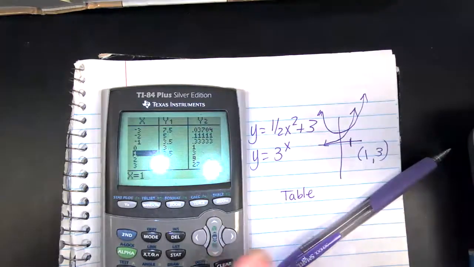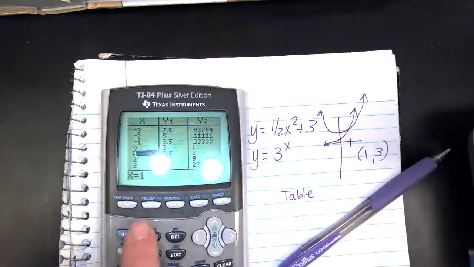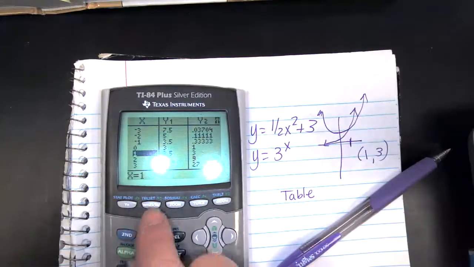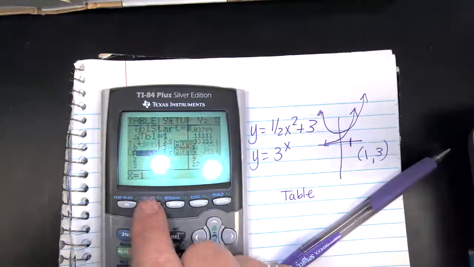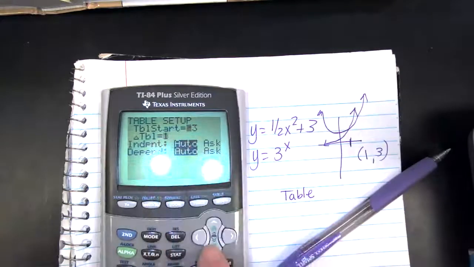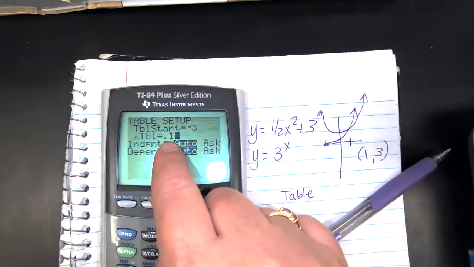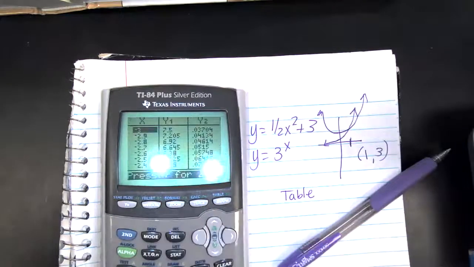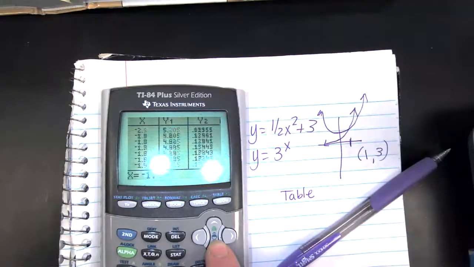I want you to do something on your calculator. Go back and go second function, and hit your window button. See where it says the change in the table is 1? Let's go a little bit more precise and change it to 0.1. And then let's go back to our table and see if we can get anything closer.